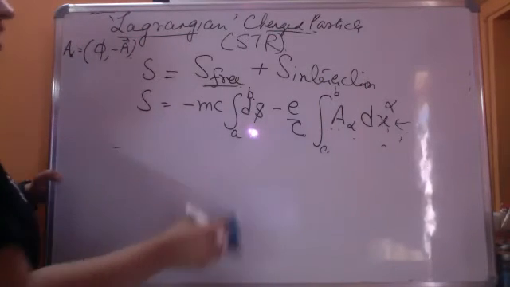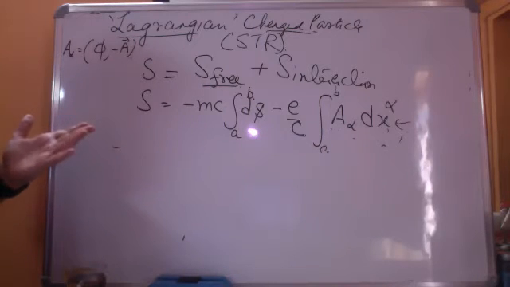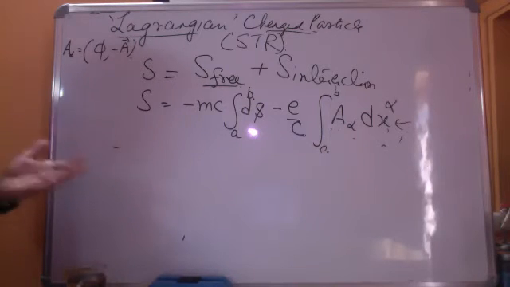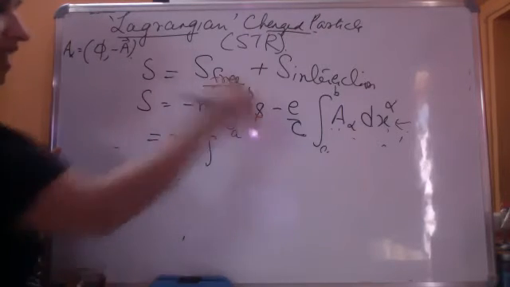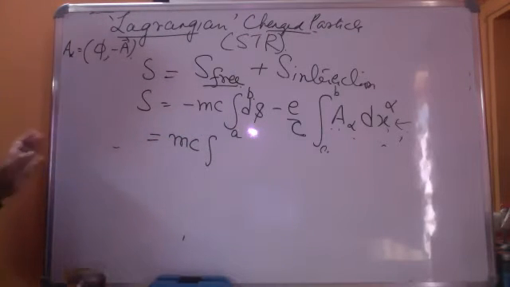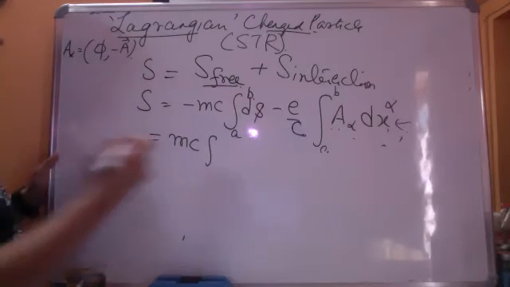This dt is some time that is measured in a frame of reference which you can think of as a rest frame or a laboratory frame. So ds is related to dt. You can go back and check how it is related to dt.